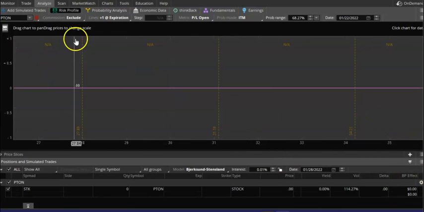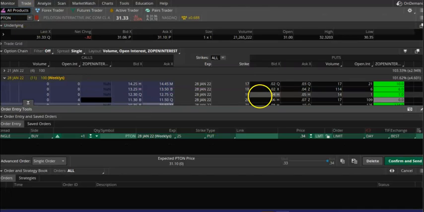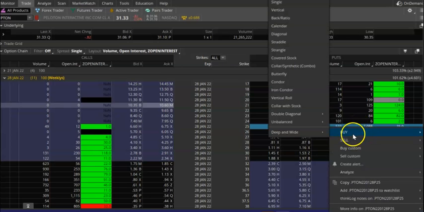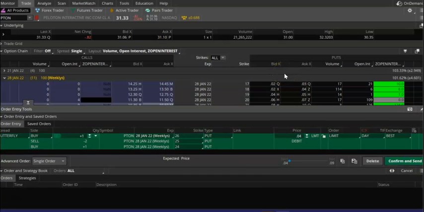Let's look at the second option. Delete that. Now I'm going to go here, right click, and buy a butterfly. A butterfly basically means I sell 2 puts at the 25 strike on the 28th, and I buy one at the top, 26, and one below, 24.